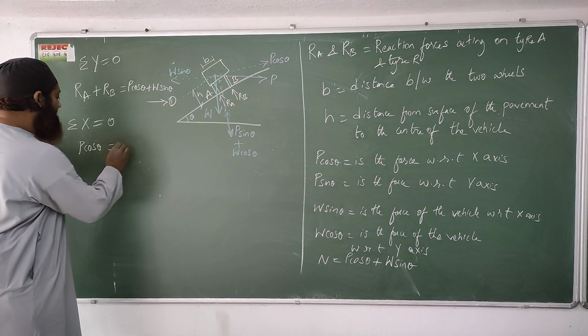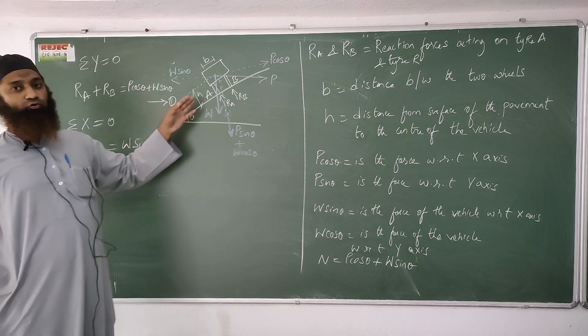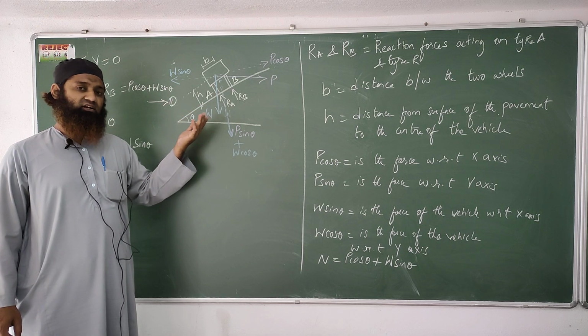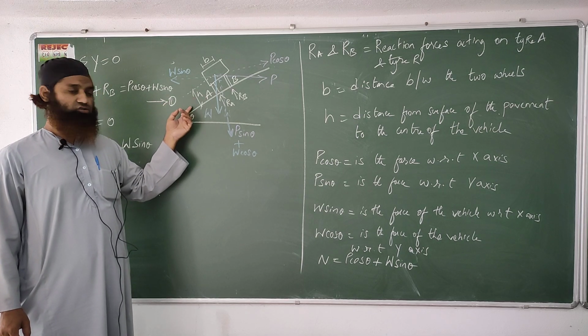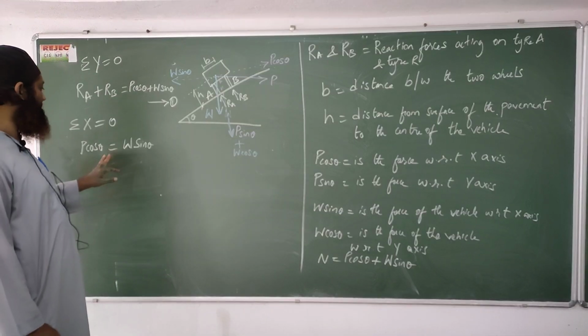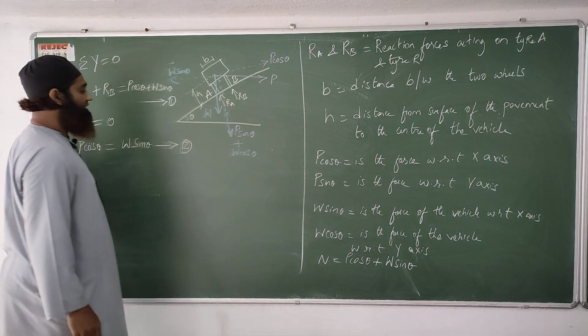So I'll take it at the other side, W sin theta. Do we have any other force here? We don't have any other force. If in the previous problem we had considered friction, we would have had one frictional force also here. But here, because we are not taking frictional force, it is 0. We have only these two forces here. So this is the second equation.